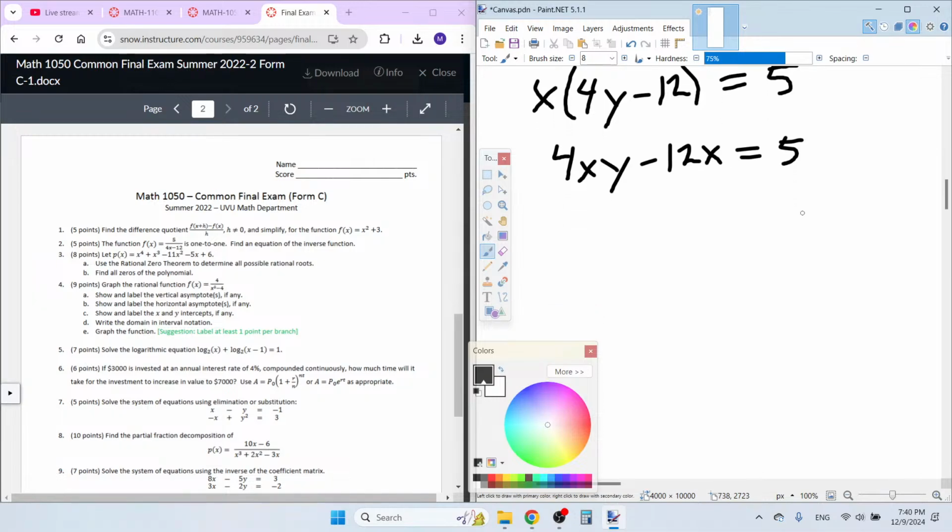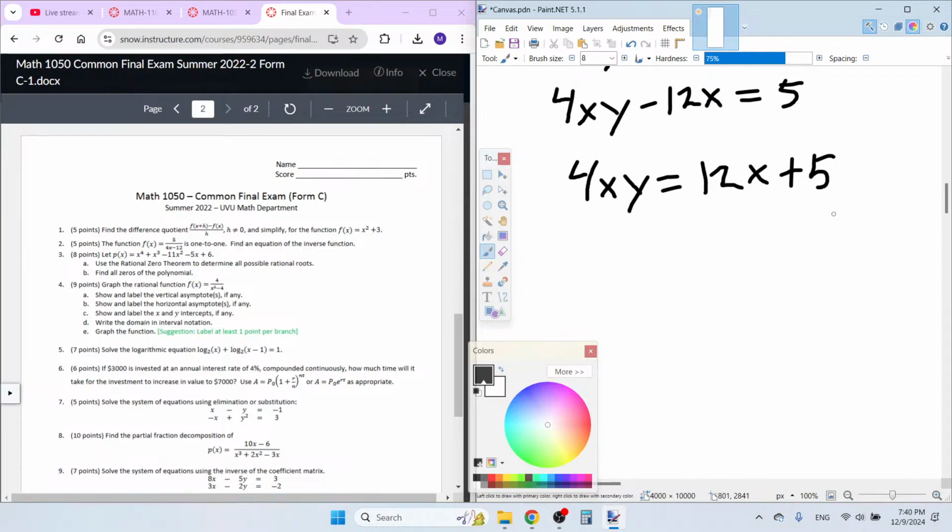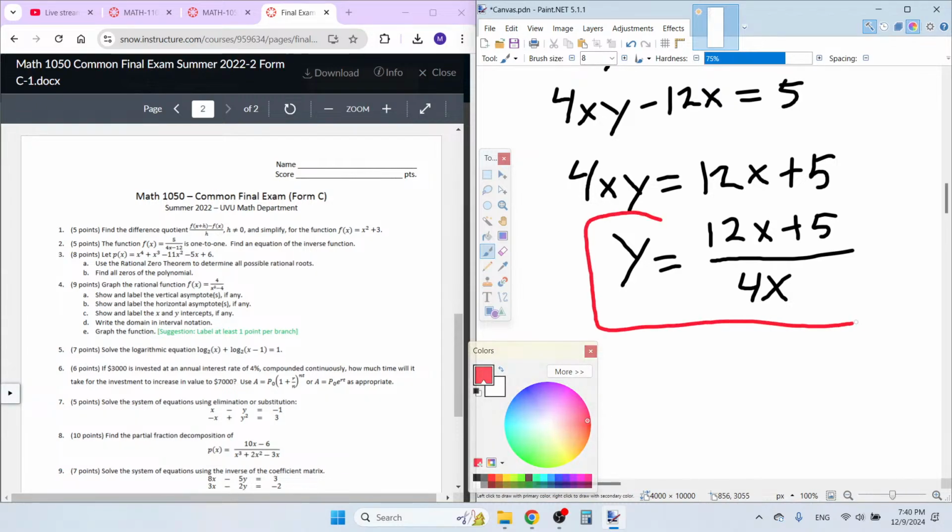Everything that doesn't have a y moves to the other side: 4xy equals 12x plus 5. And then we divide by the coefficient on y. y equals (12x plus 5) divided by 4x. And that is our inverse function.